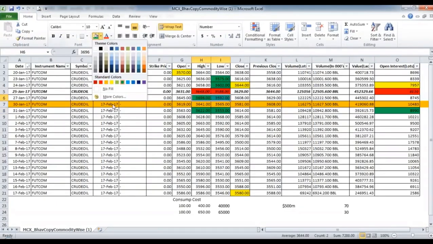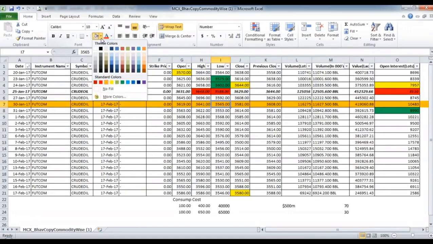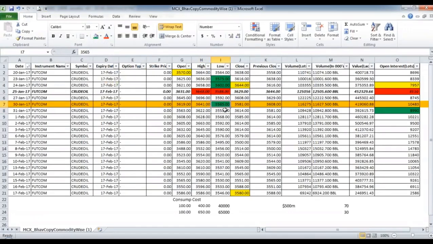Okay. I'm removing this color. So is there a support formation that seems to have happened on this particular day? When it happened on this particular day, do you agree that it generated a support around 3565, right?